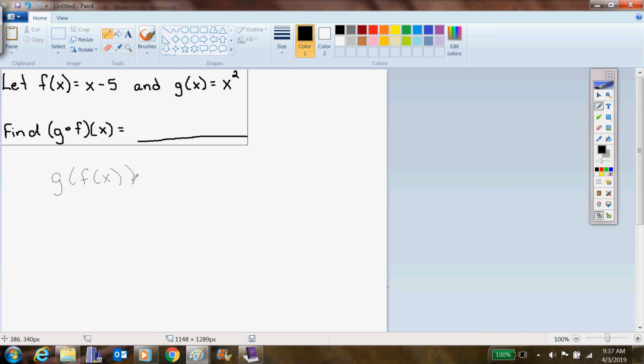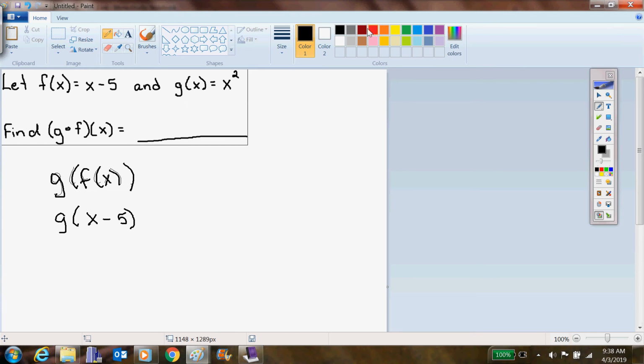Sorry, it's coming out light. Let me change my pen size here. G of f of x. Now, since we do not have a number here, we just have to replace f of x with what? x minus 5. So this is the same as saying g of x minus 5.